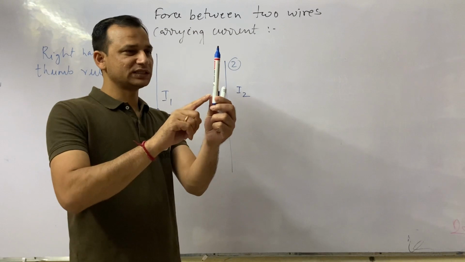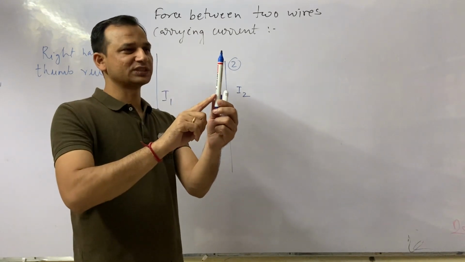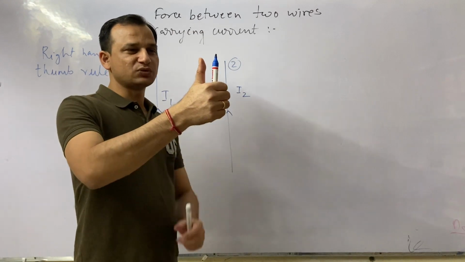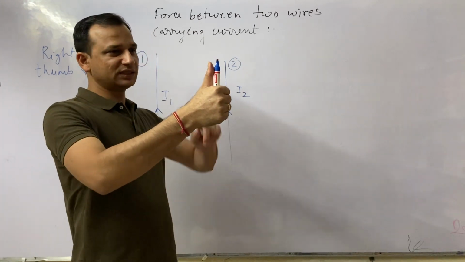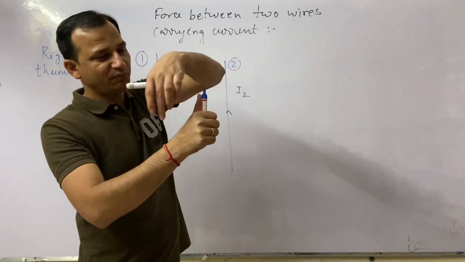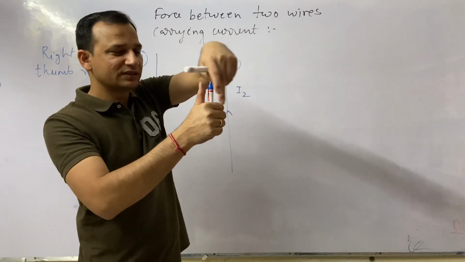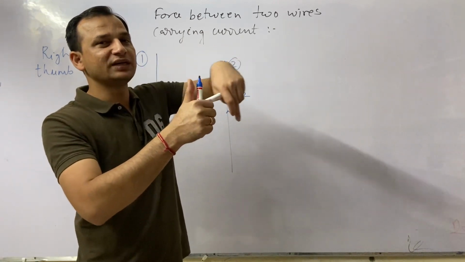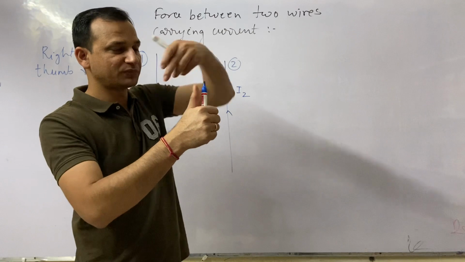Imagine this is a wire which is carrying current in the upward direction. If I hold this wire in my right hand, then the thumb will point in the direction of current and my curled fingers are pointing in the direction of the magnetic field generated around the wire.